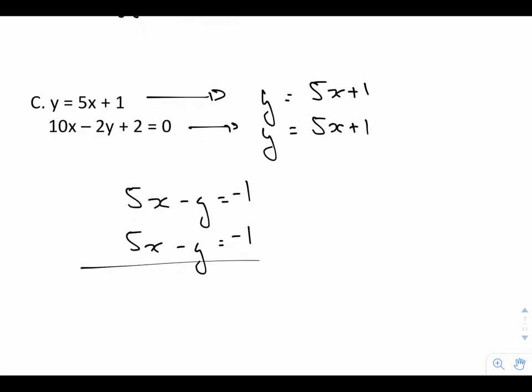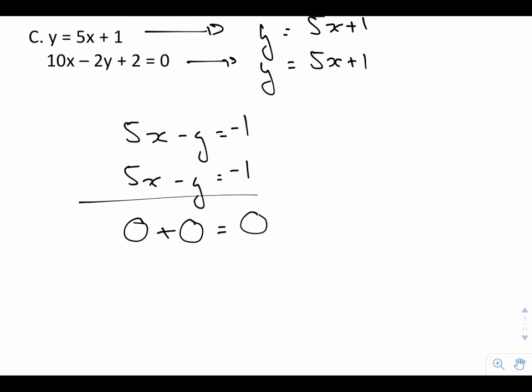So if I try to eliminate, in quotes, a variable, let's say I try to eliminate the 5x, that means I subtract the equations from each other. What happens is the 5x minus 5x becomes 0. The negative y minus negative y becomes 0. So 0 plus 0, negative 1 minus negative 1 becomes 0. Zeros everywhere.